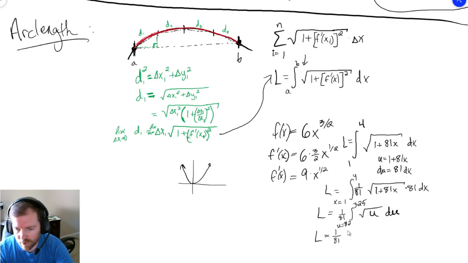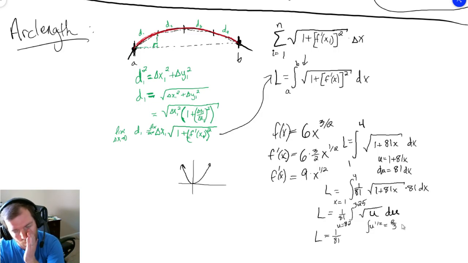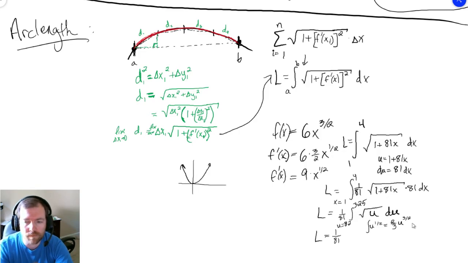So 1 over 81 times the integral of this, u raised to the 1/2 power, is going to be 2/3. Right, we're dividing by the new power, which is going to be 3/2. And then it's going to be u raised to the 3/2 power. And again, this would be a plus c, but we're doing a definite integral, so we can ignore that.